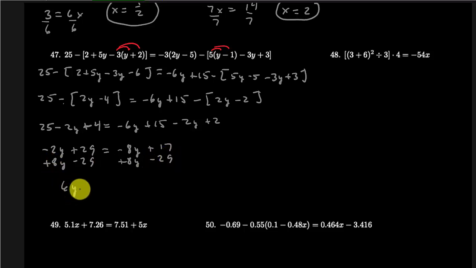And so that's going to give us 6y is equal to 17 minus 29, which is negative 12. Divide both sides by 6, so we get y is equal to negative 2. Look at that. See, that's what I'm talking about. We got a fraction. That fraction didn't look too bad for the answer. It didn't look that bad.